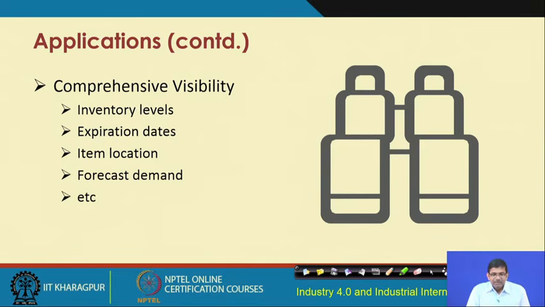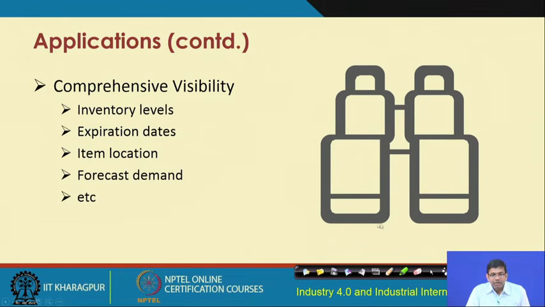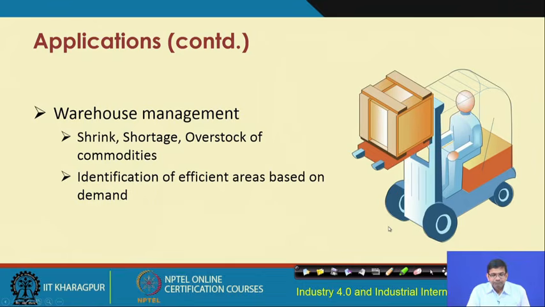Getting comprehensive visibility, inventory levels, getting an idea about the expiration dates, item locations, then demand forecasting. So basically, if in the future you are going to get some more demand, then how much is the stock, so demand forecasting. These are some of the different other applications of the use of IIoT in the inventory management and control sector, and particularly using RFIDs.